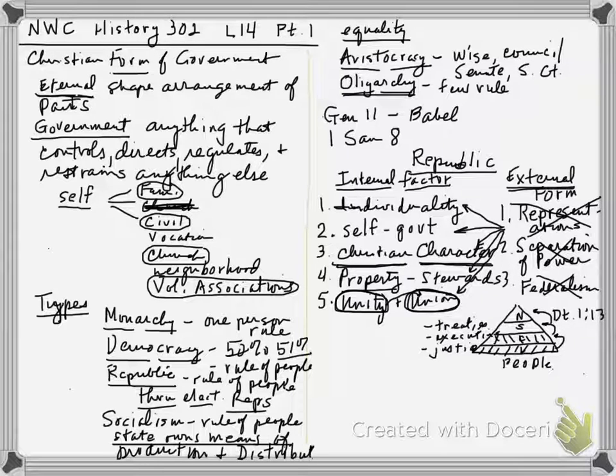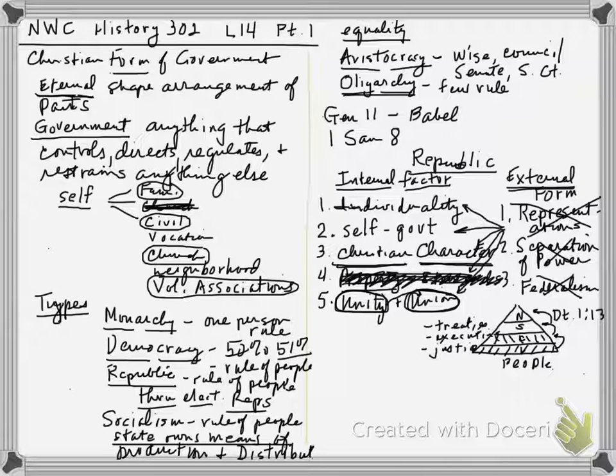Now, can those three exist while the internal character traits are going down? Let's say the government decides to take over all the property. There is no private property anymore. Well, that's going to be terrible. That's a foundation stone that government is supposed to protect. But could you still have elections? Yeah, you could.